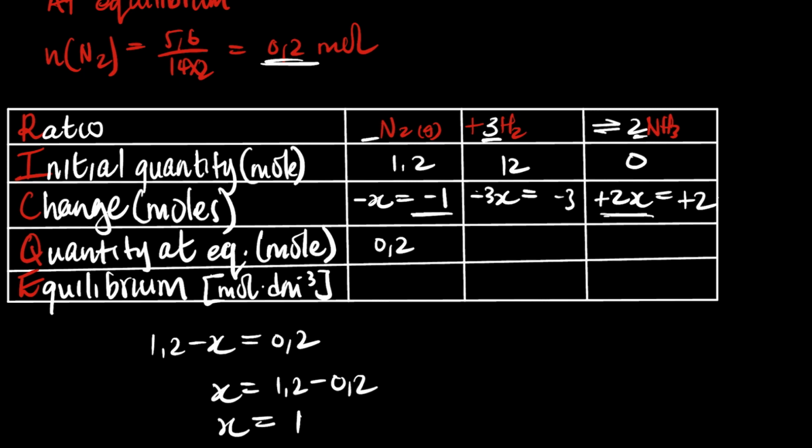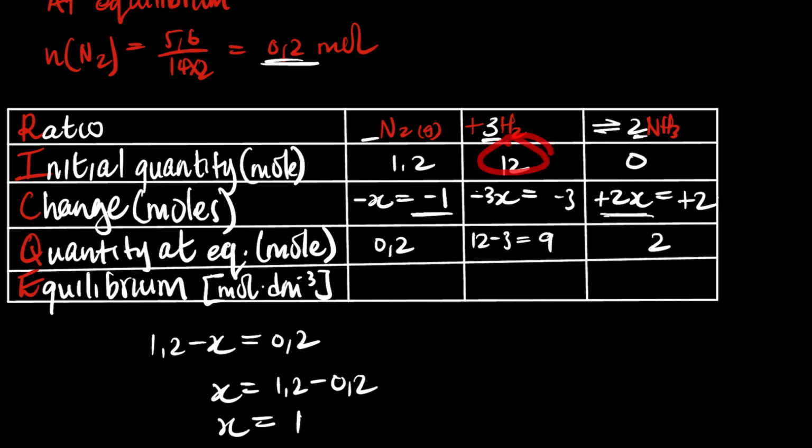And then remember, I told you that when you have this amount, that means you also have this amount at equilibrium. So it's going to be 2 there. Now to get the amount here, we say 12 minus 3 is equal to 9.